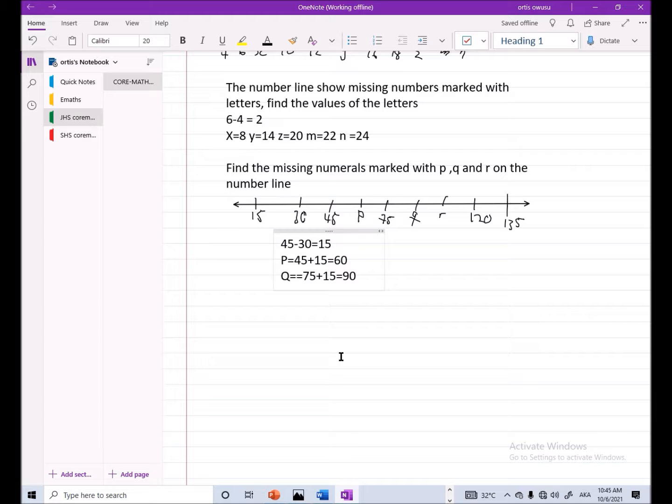What about R? If you're able to get Q, which is here, you will write Q here to be, sorry, to be 90. So R will be what? 90 plus 15.